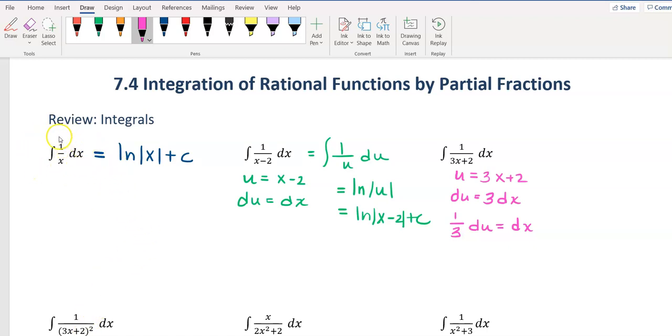This first question is pretty much the definition of the antiderivative of 1 over x. And that's something you had to memorize a while ago, which was the natural log of the absolute value of x plus c. So hopefully you remember the first one.